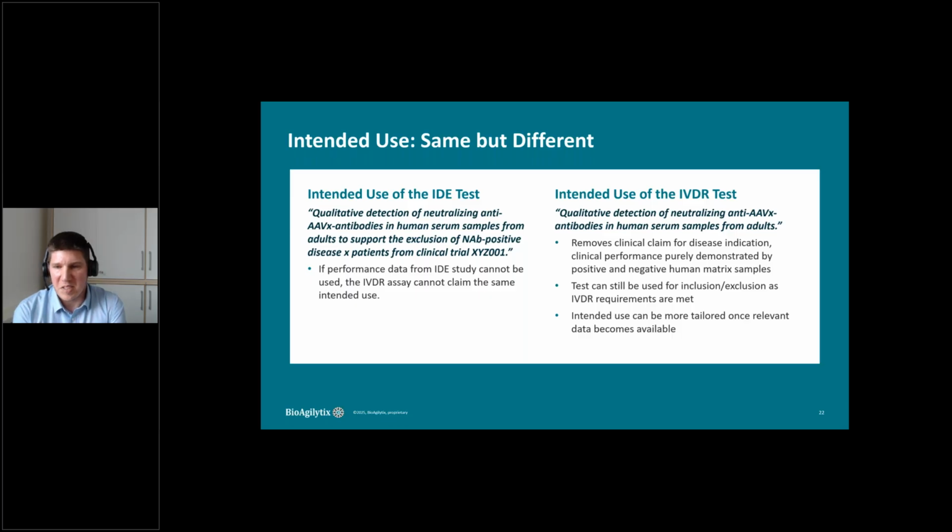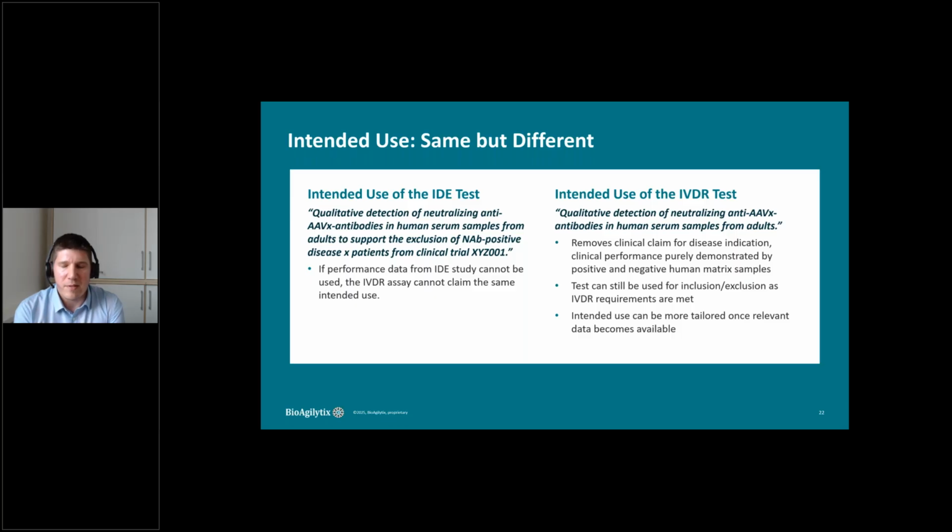So the intended use in phase 1 of the in-house test would be a bit simpler, just stating qualitative detection of neutralizing anti-AAV antibodies in serum samples from adults. That removes the clinical claims from the disease indication and relies purely on positive and negative results in serum matrix samples. So this test can then be used for inclusion-exclusion purposes in phase 1.